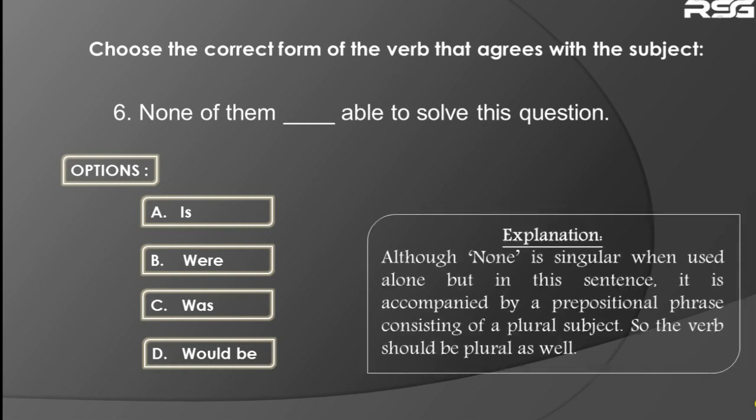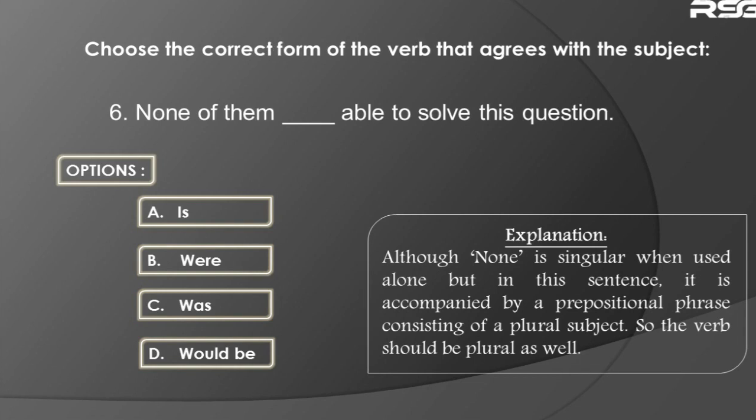But in this sentence, it is accompanied by a prepositional phrase consisting of a plural subject. You understood? What is the preposition that has been used here? Of. So the word none is accompanied by a prepositional phrase consisting of a plural subject, so the verb also has to be plural.